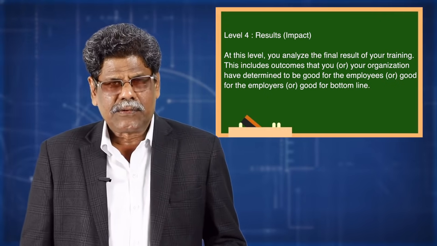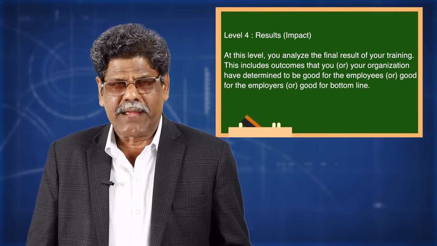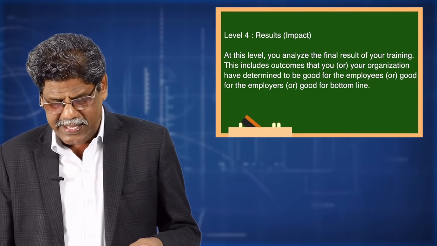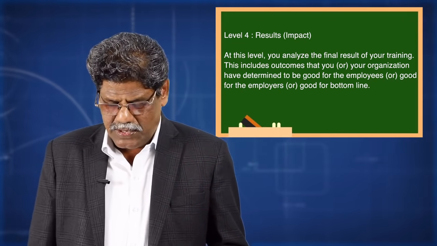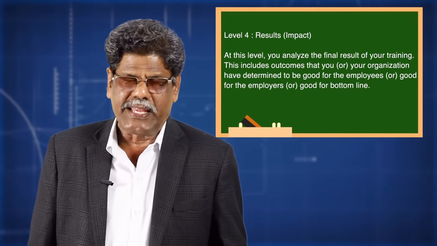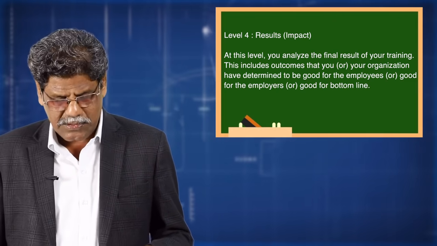The organization has a good name, and whether the good name is sustained or retained with the training. So it is determined whether it is good for the employees, employer and bottom line also.